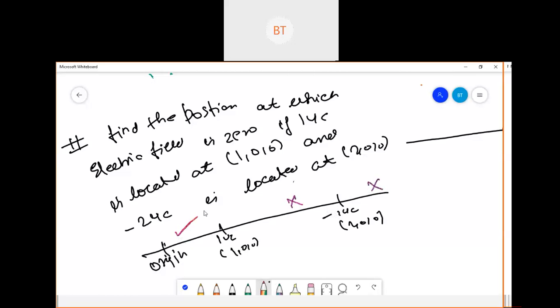I'll take classes for that also, because I have done MTech in communication, and I believe my communication is good. If a certain topic is not clear, you can ask me. I'll teach it at any time in an extra class, because communication itself has 10 to 15 marks weightage in GATE.